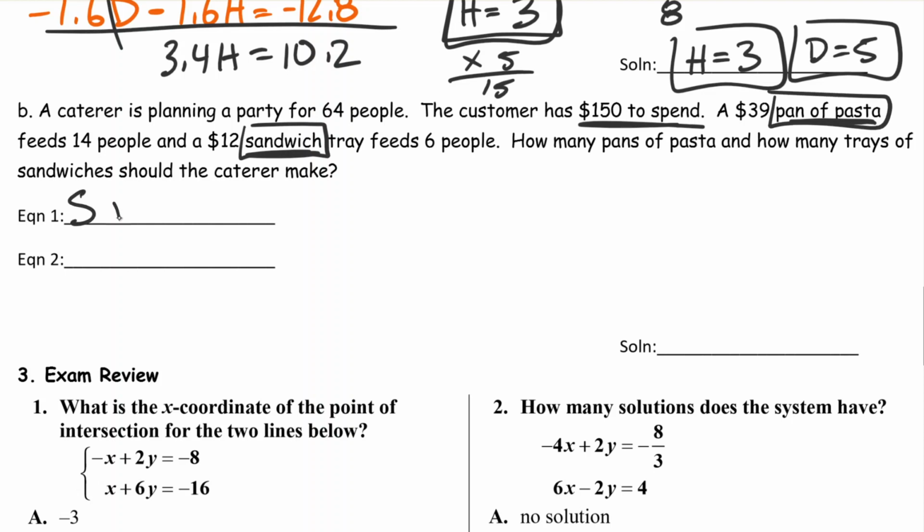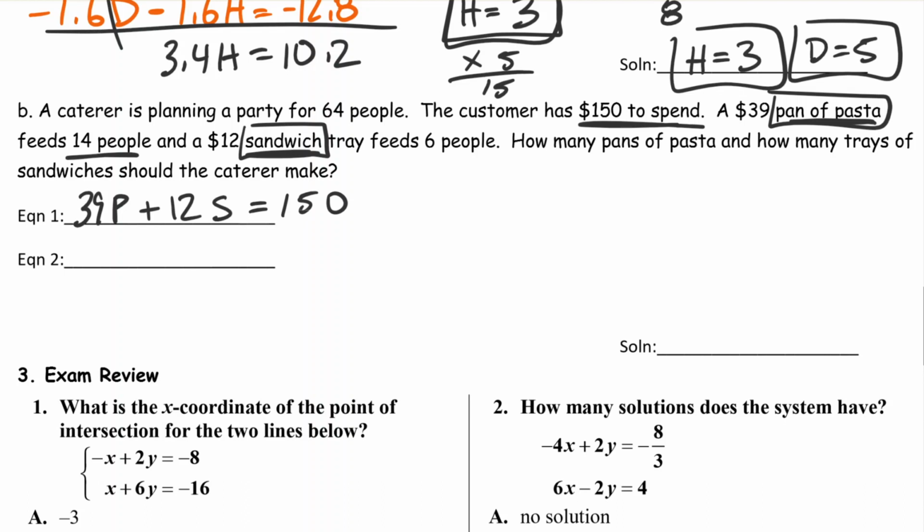Our cost equation is 39P plus 12S equals 150, because a pan of pasta is $39, a sandwich tray is $12, and we've got $150 to spend.